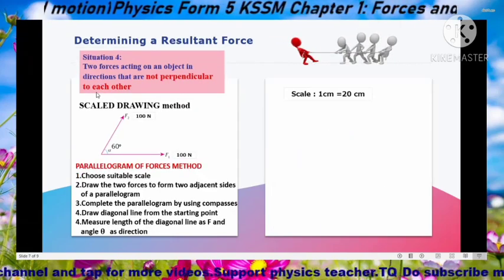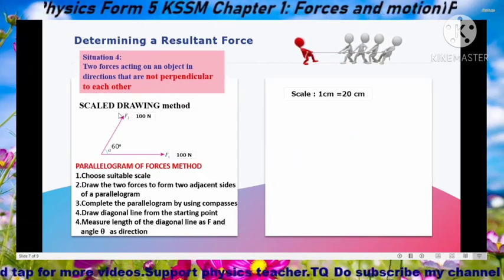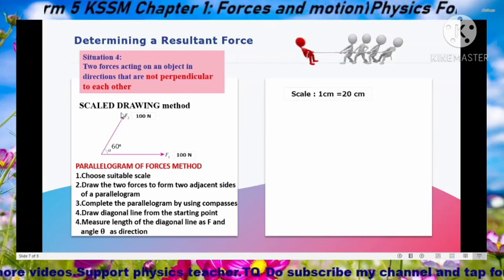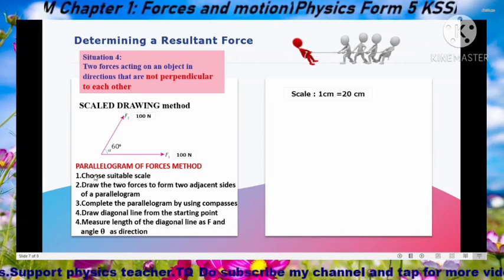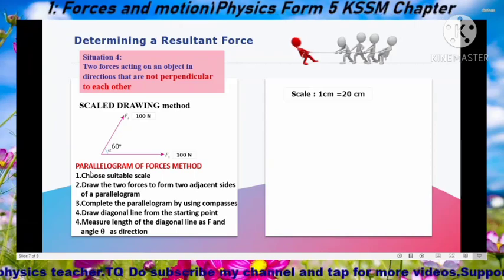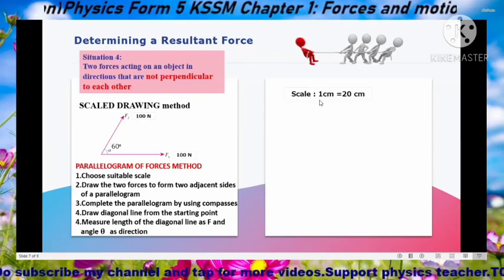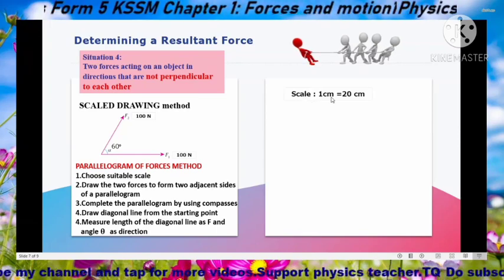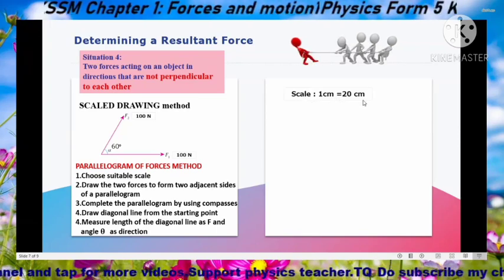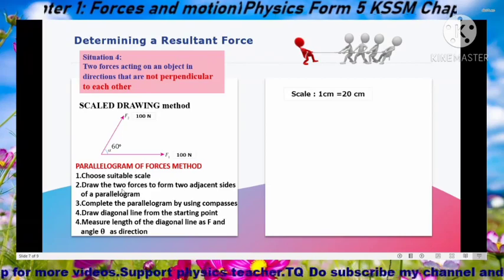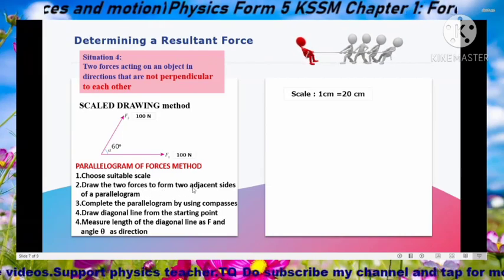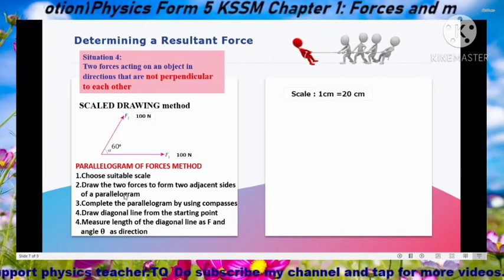Okay, the second method for the same case of forces not perpendicular to each other. We also have another drawing method, the parallelogram method. Okay, the same thing. First, choose the correct scale, 1 cm to 20 N. Draw two forces to form two adjacent sides of a parallelogram.